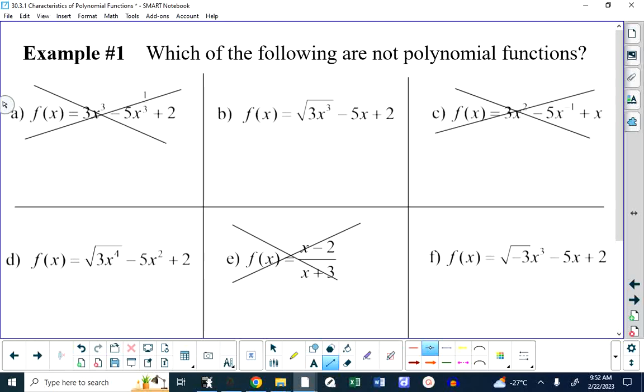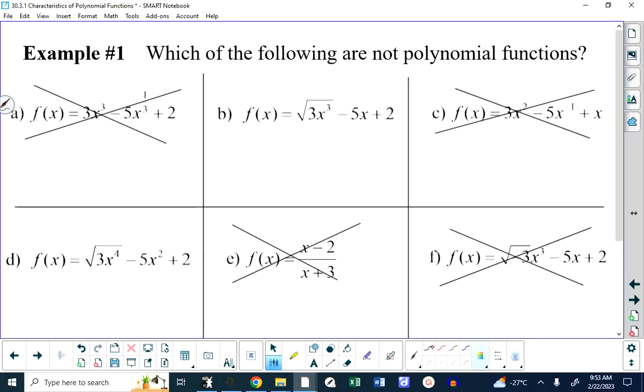This is not a polynomial function because the coefficient of the first term is the square root of -3, which is not a real number. Now, you have to be careful with B and D, these square root signs in B and D extend over the coefficient and the variables.